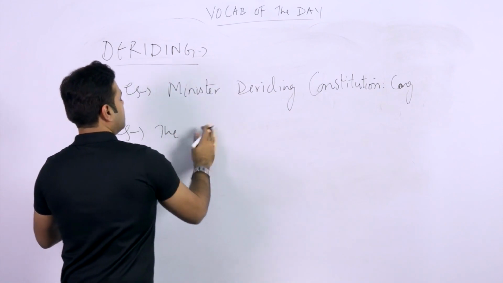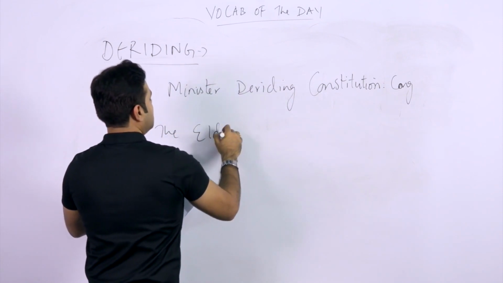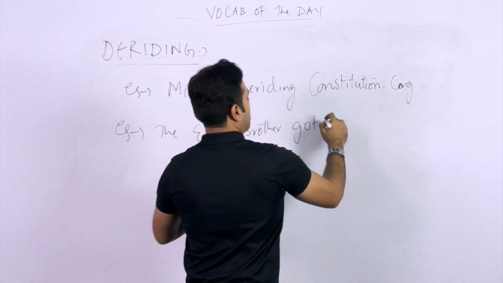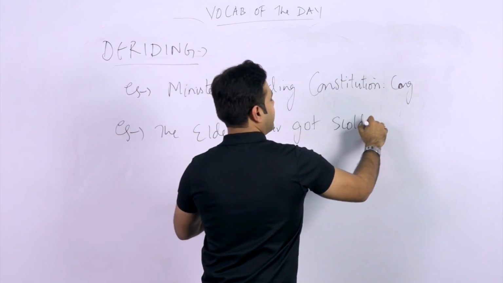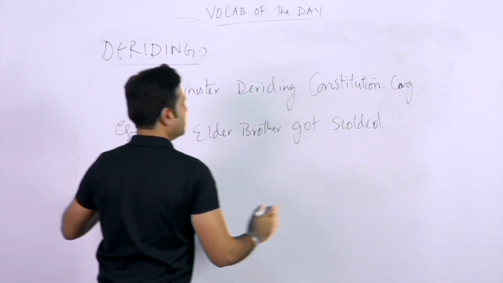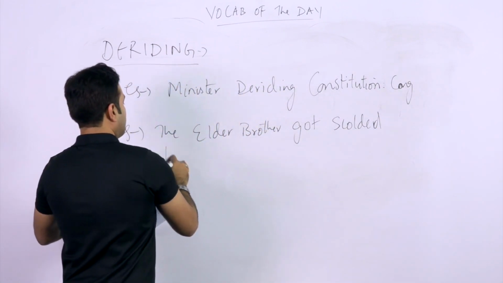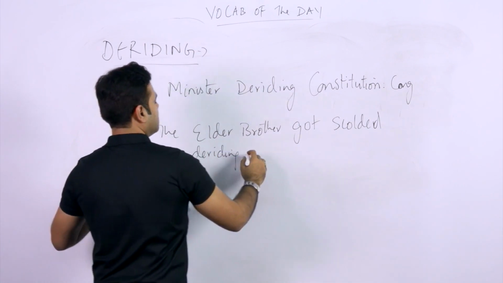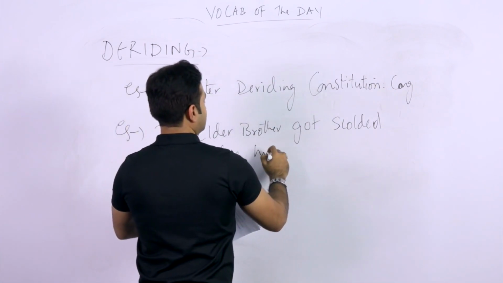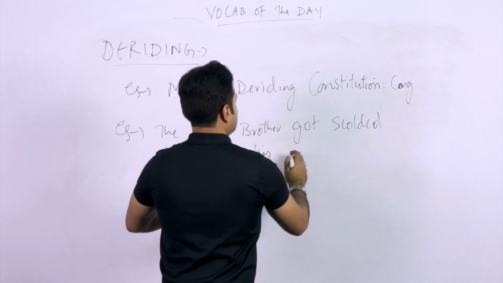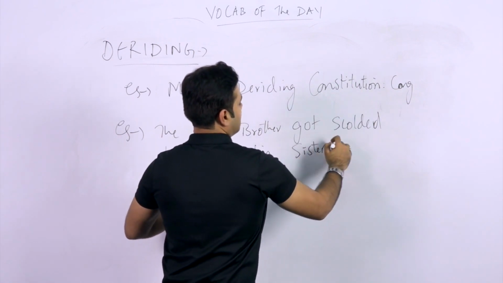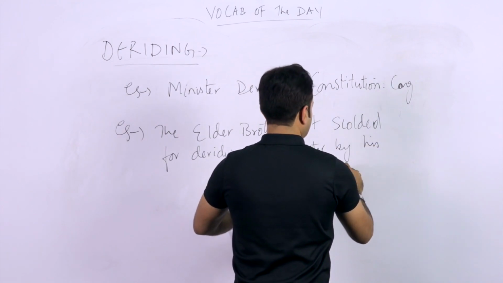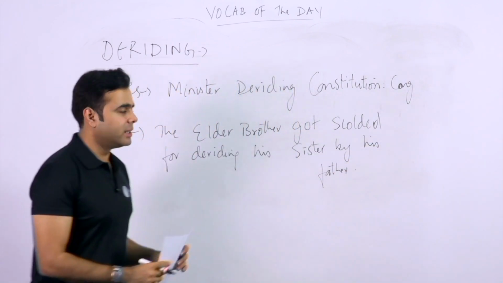The elder brother got scolded for deriding his sister by his father. Now it's a simple sentence. I believe you can understand and connect.